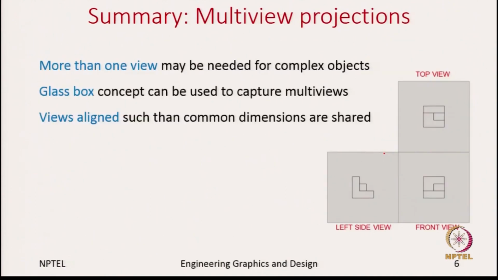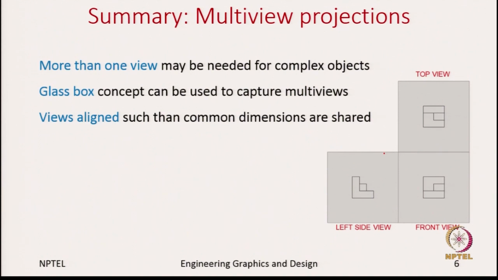Okay. So, let us look in summary at what we have studied in this lecture. For multi-view projections, first they capture the true lengths if the edges are parallel to the projection planes. But one view may not be sufficient to completely describe the object, you may need more than one view.